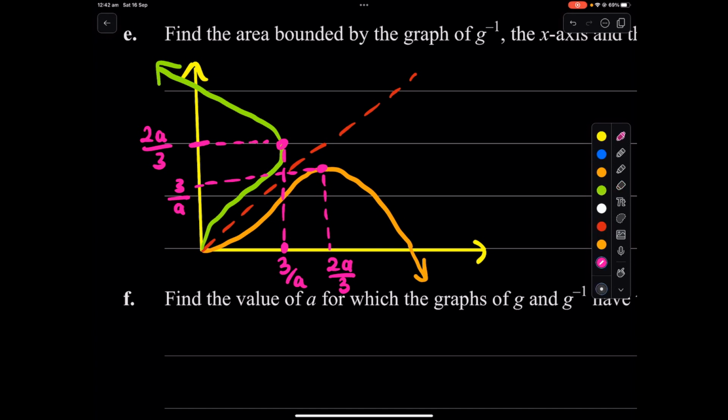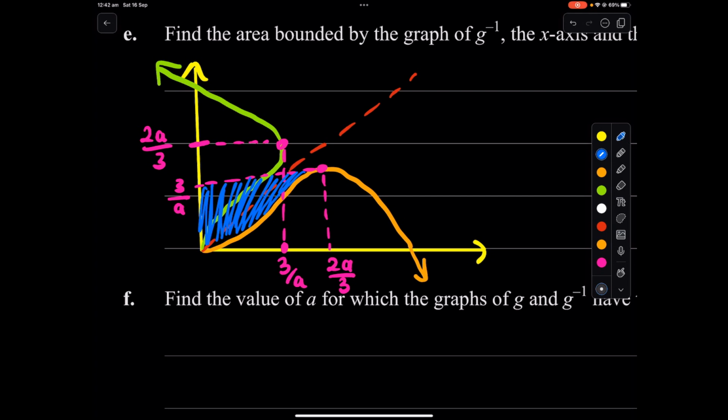Wait, if you really look at the symmetry over here, we want this area over here, yes? That area is equal to this area, if I'm not mistaken. Yeah? Is that right? Because it goes like that, and so we're going like this. We want this area. That area is equal to this area.